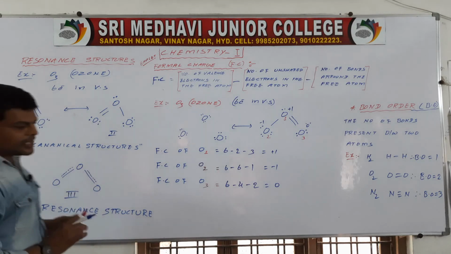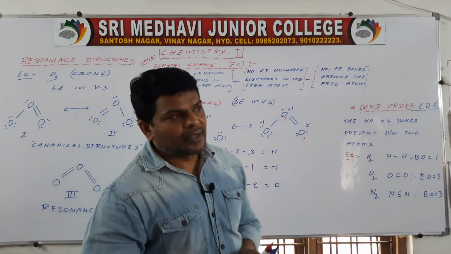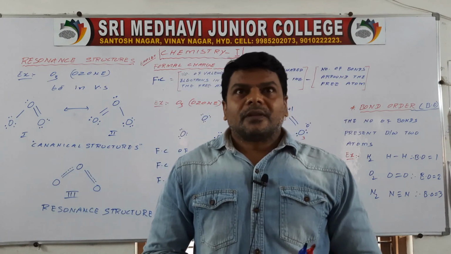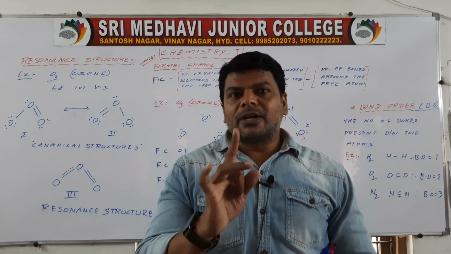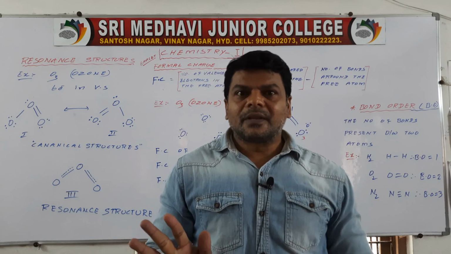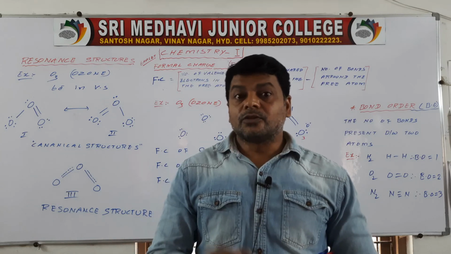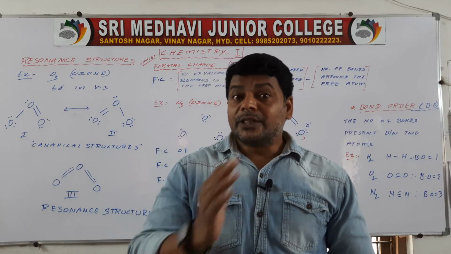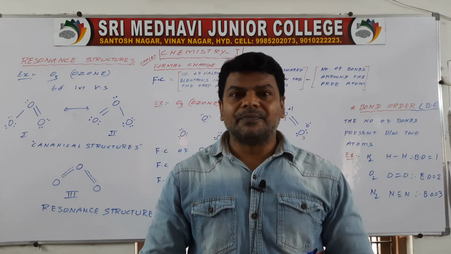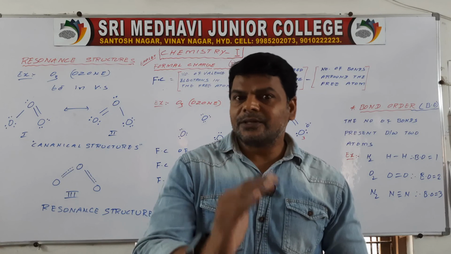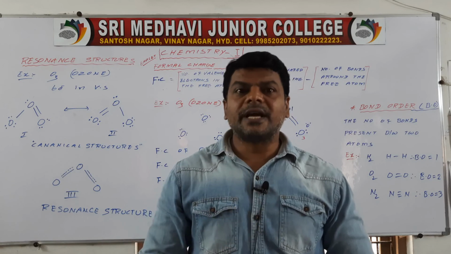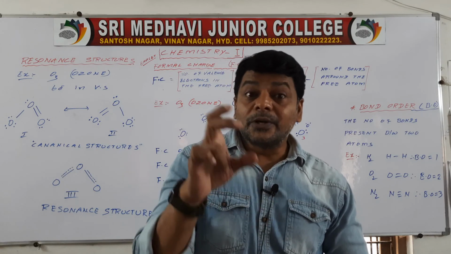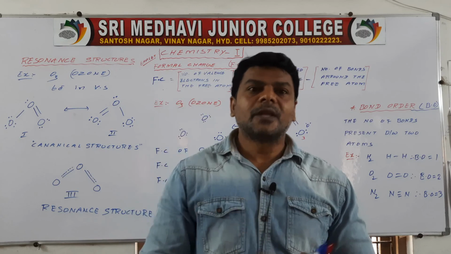So what I mean to say is, resonance structures mean one molecule is not represented by one structure. One molecule can be represented by more than one structure, without changing the number of electrons in the valency shell, without changing the number of bonds around the atoms, and without changing the position of the atoms in the molecule.